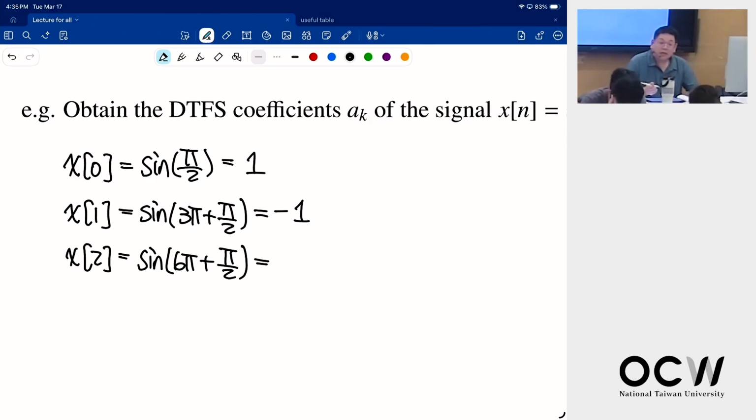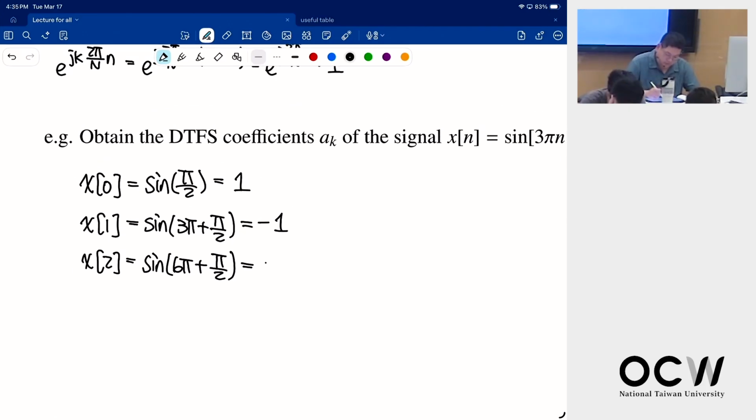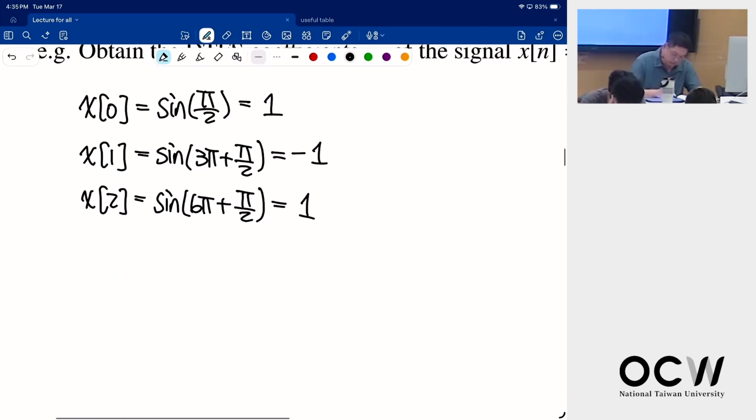That should be how much? 1. Okay. x3, similarly, and you'll get this is minus 1.